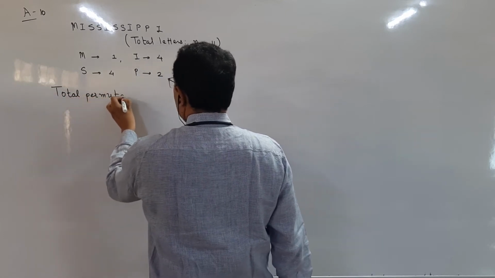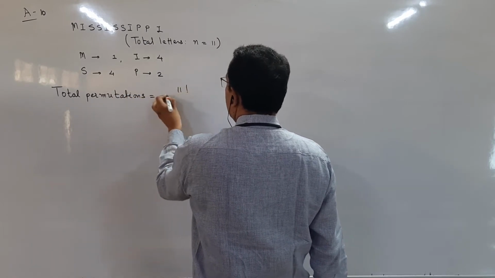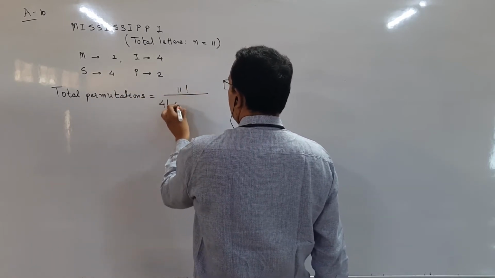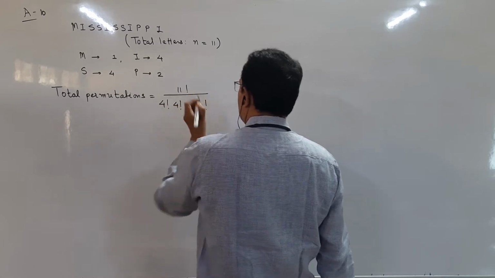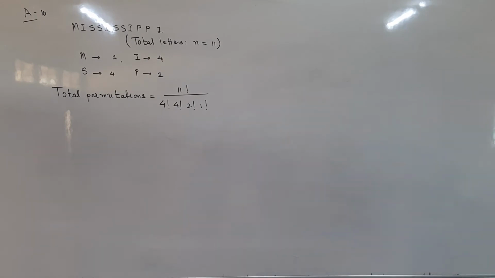The total permutations are 11 factorial upon 4 factorial, 4 factorial, 2 factorial, 1 factorial. Students, I have simplified this beforehand because I cannot simplify during the lecture using a calculator. So let us check what the total permutations are. This comes out to be, students, 34,650.